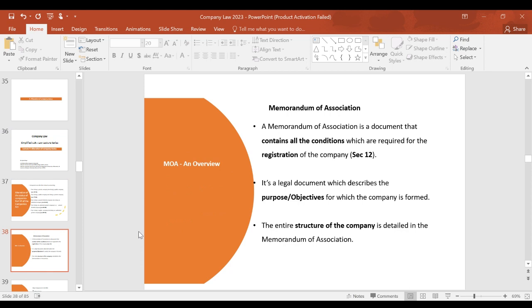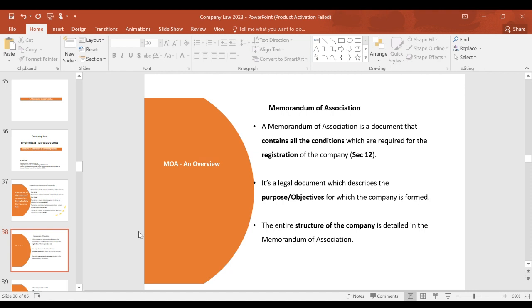So we discussed in our previous lecture chapters that there is a memorandum of association and we also have the articles of association. Now, memorandum of association is a document that contains all those conditions or the required documents that are required under Section 12 of the Companies Act for one to register their company.